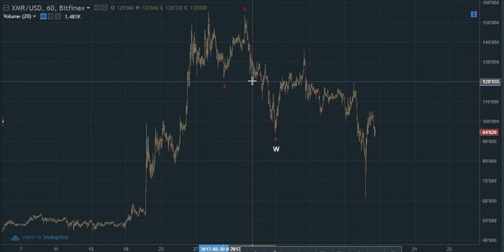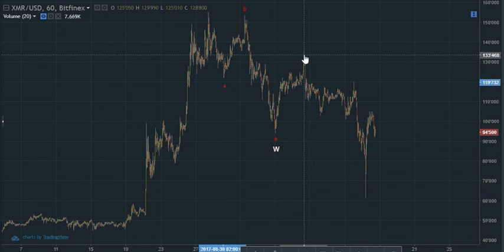Doesn't that break the rules? No, not if it's a diagonal. Okay, B is 3 waves. C is a 5 subwave component. 1, 2, 3, 4, 5, which makes W.